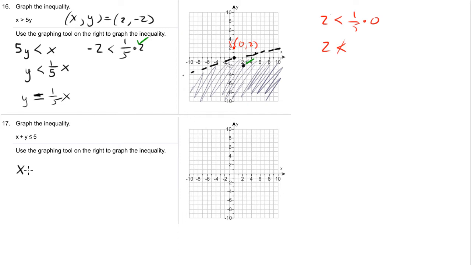17, same thing. x plus y is less than or equal to 5. y is less than or equal to negative x plus 5. So I'm going to graph this line, which is going to go through 0, 5, and it's going to go over 1, down 1, right? Negative 1 for the slope. 0, 5, and then negative 1 for the slope, down, down, down.